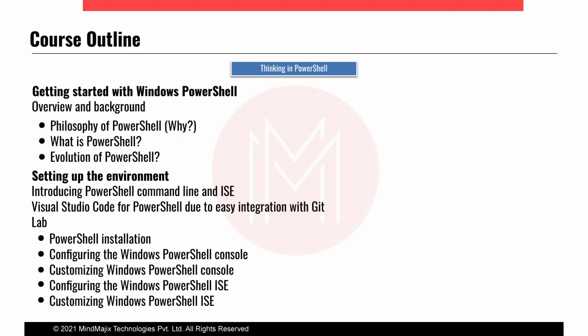And as a computer language, starting from version 1.0 till the latest version 7 of PowerShell, how has the evolution of the PowerShell language been done, and what changes have been made for the good or the bad?